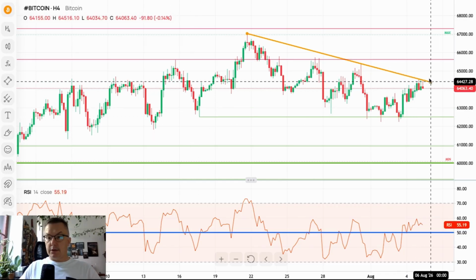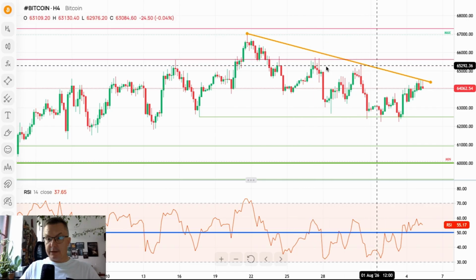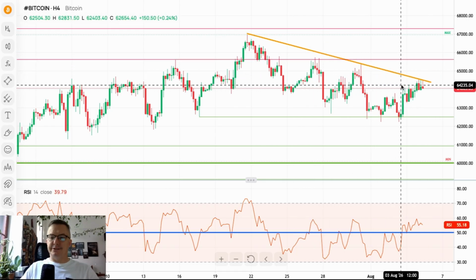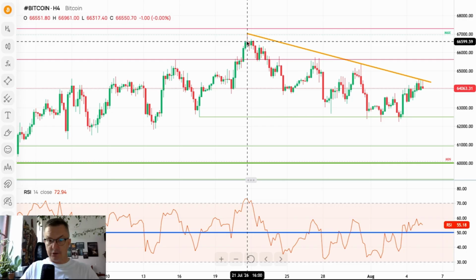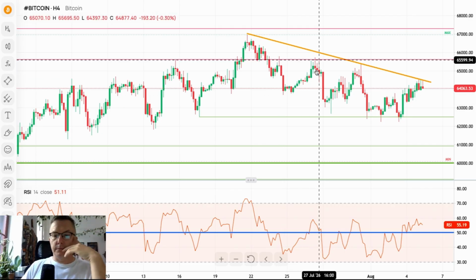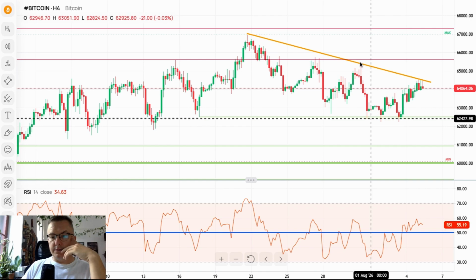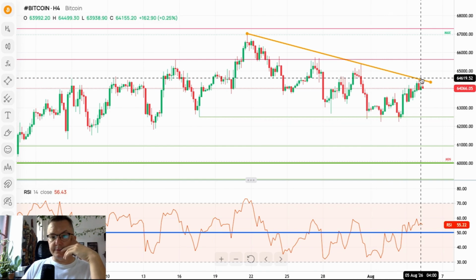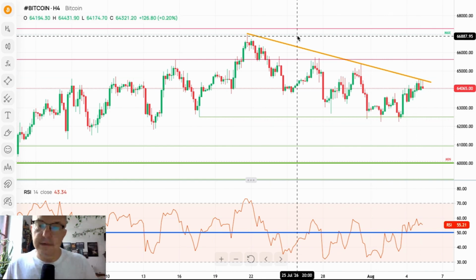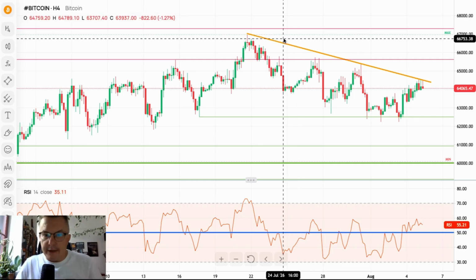It looks like we are going to be rejected just as we were here, just as we were here, just as we were here. So the situation here is in the very, very short term. Since the local high at 66,961, we have lower low, lower high, lower low, lower high, lower lows, lower high. Definition of the local down trend or the descending channel forming on the Bitcoin.